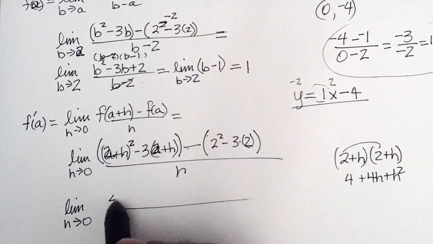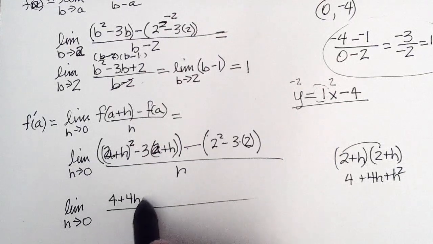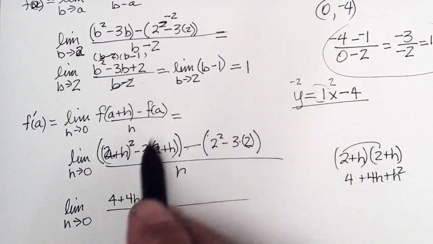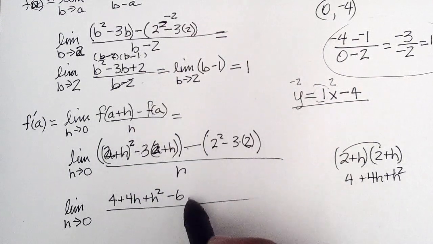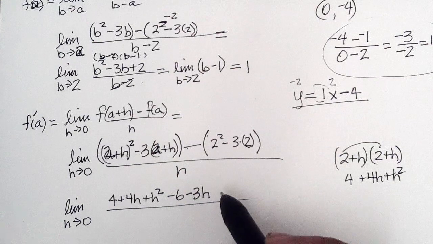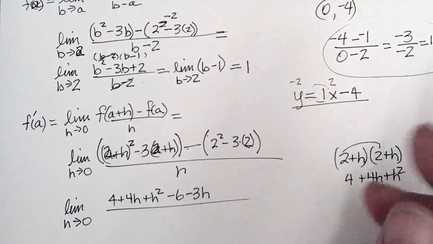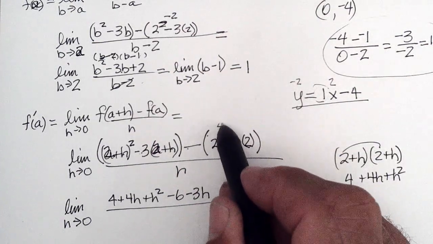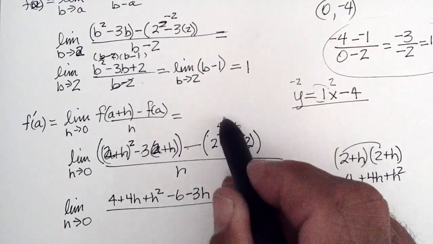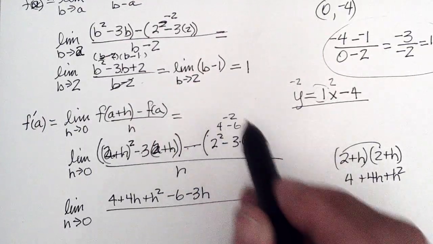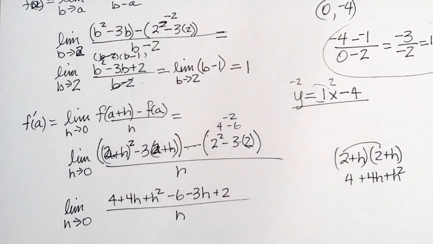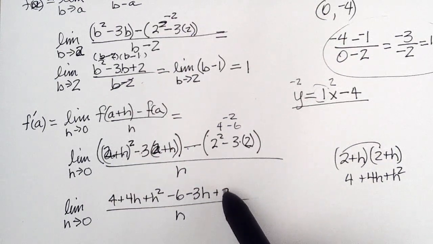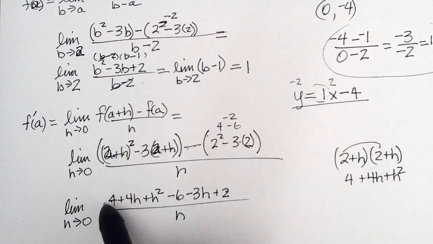So I have 4 plus 4h plus h squared minus 3 times 2 is minus 6. Minus 3 times h is minus 3h. You really have to watch your signs. And then this is 4 minus 6, which is minus 2. We have minus a minus 2, which is plus 2, over h. 4 minus 6 plus 2: 2 and 4 is 6, minus 6, 0.